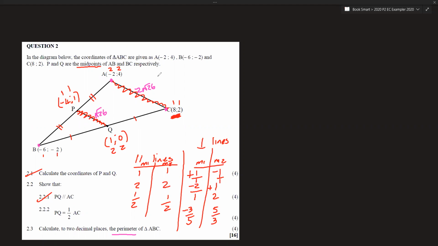So AC I already have. So I need to find the distance of AB. I also need to find the distance of BC. Then the distance of AC I have, which is 2 root 26. And they said we must round off to 2 decimal places. Okay.